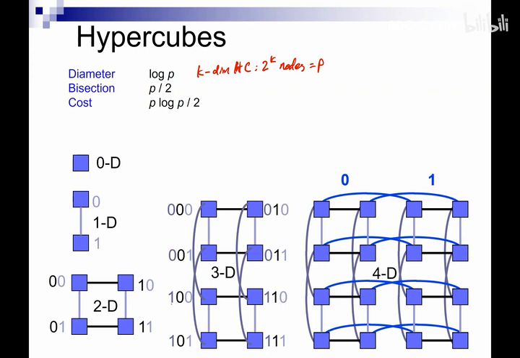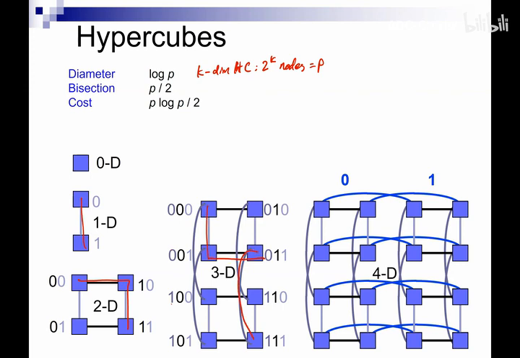For example, in the 1D hypercube, the dimension is 1 and the diameter is 1. In the 2D hypercube, the diameter is 2. In the 3D hypercube, going from 0, 0, 0 to 1, 1, 1 takes 1, 2, 3 steps.